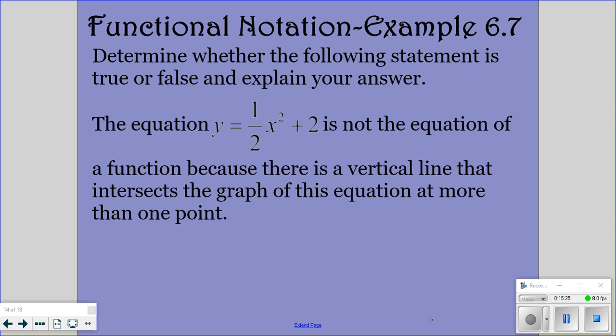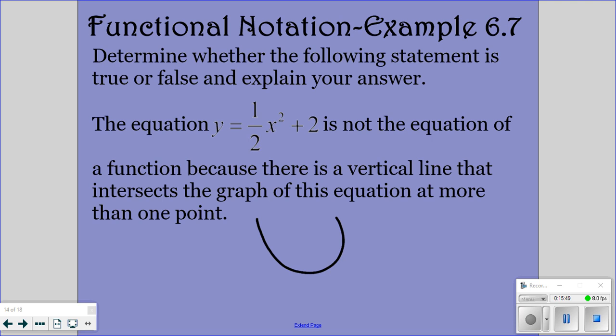Okay, looking at this one, determine whether it's true or false and explain your answer. The equation y equals 1/2 x squared plus 2 is not the equation of a function because there is a vertical line that intersects the graph of this equation at more than one point. So 1/2 x squared plus 2 is a parabola.